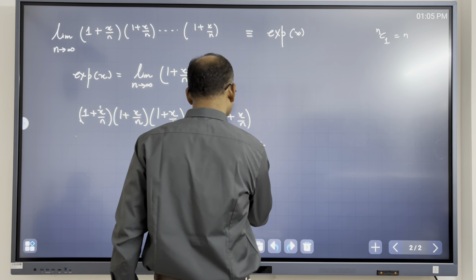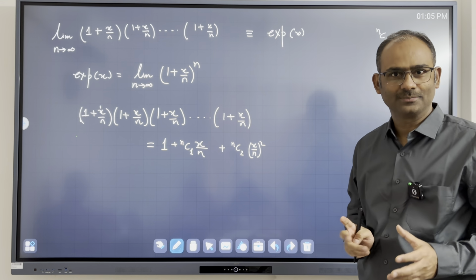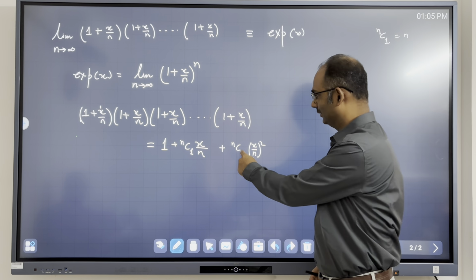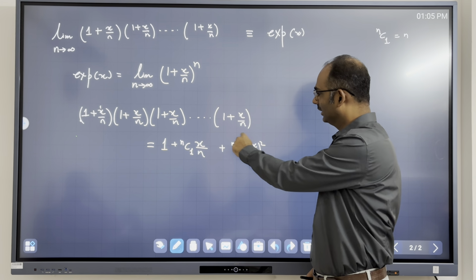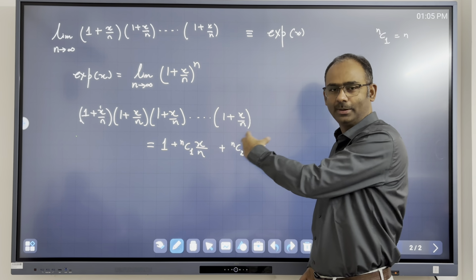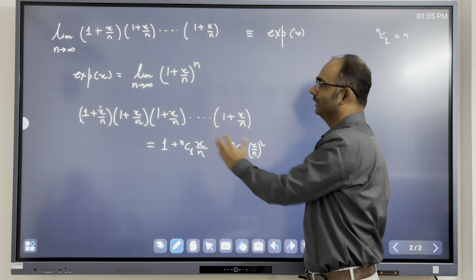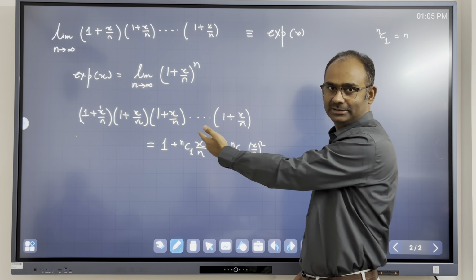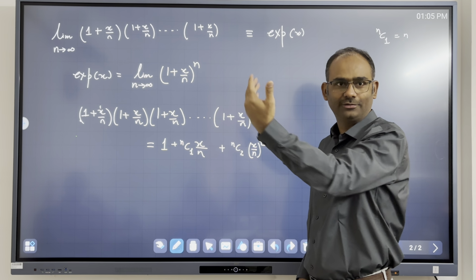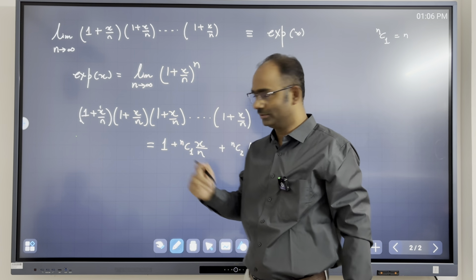So n choose 2. That's just a name I'm giving. Those of you who have studied probability or combinatorics, permutations and combinations, will know this. But even if you do not know, that's fine. All I'm saying is choose 2 out of these n, and you can calculate how much it is. You have already done it when I had taken n to be 2 and 3.